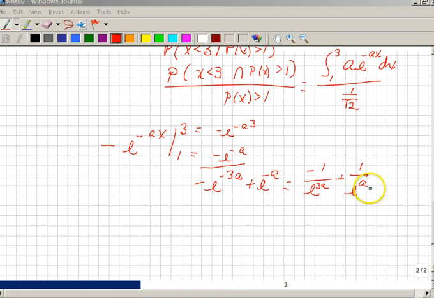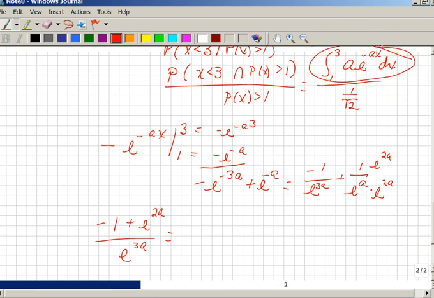I'm going to multiply this second one by e to the 2a, top and bottom. So now I've got negative 1 plus e to the 2a all over e to the 3a. Remember what we're doing here, you can get lost. That's the numerator. I'm still working on the numerator, trying to clean it up.